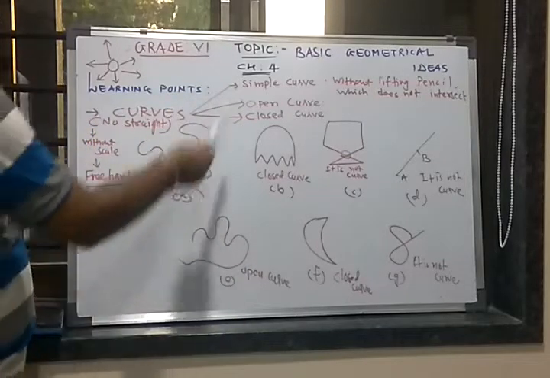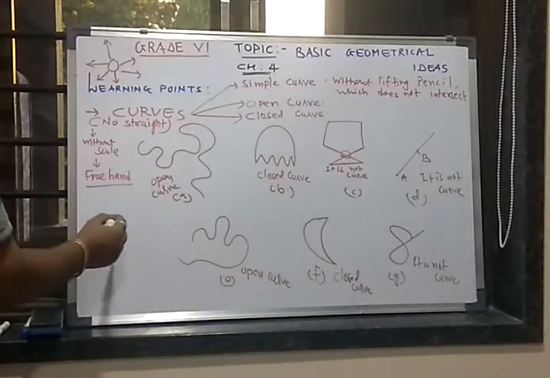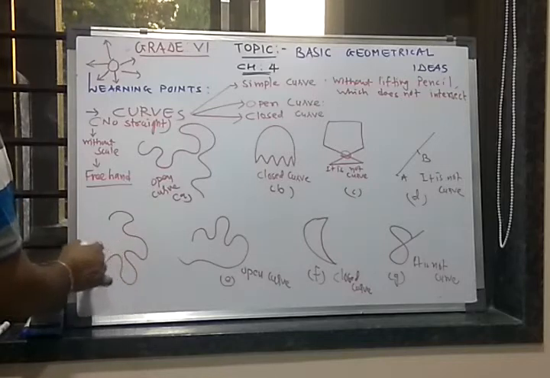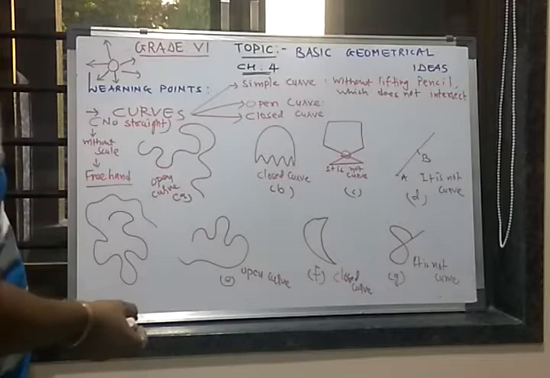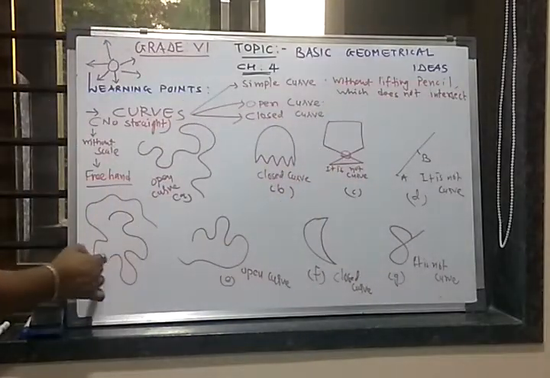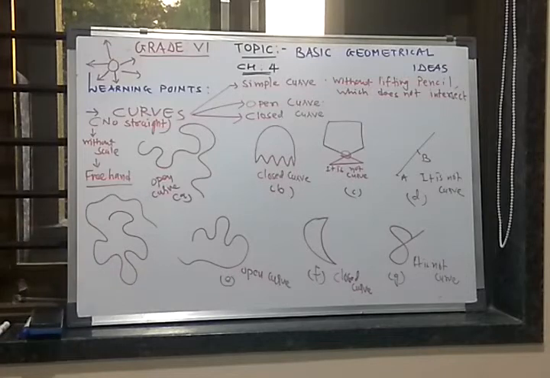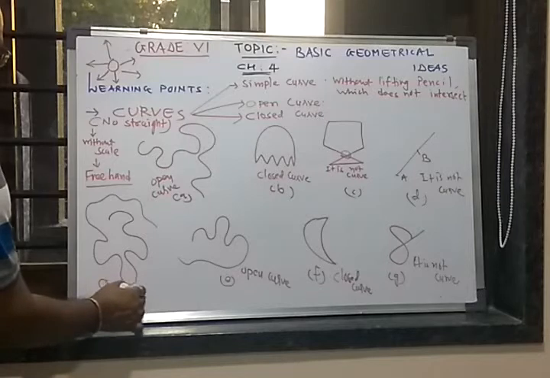Okay, so simple curve means drawn without lifting the pencil, which does not intersect. Here you cannot find any intersection. So this is which curve? Open curve.